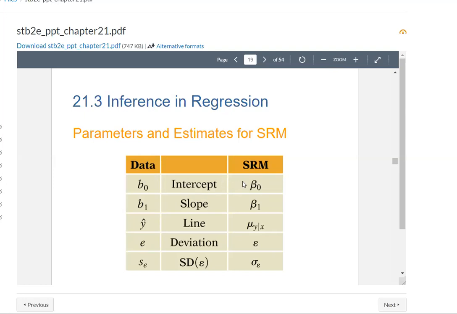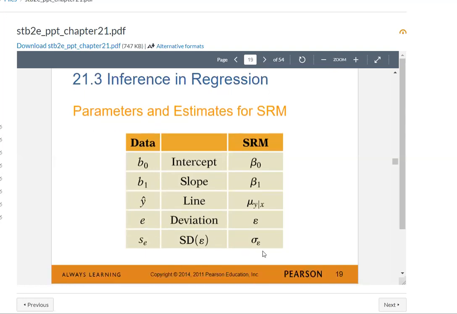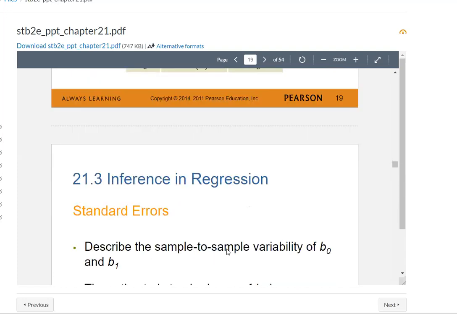Beta 0 or B0 is the intercept. Beta 1 is the slope. Mu y given x is your response variable, the estimated value for y. Epsilon and e are residuals. SE and sigma epsilon are for standard error.